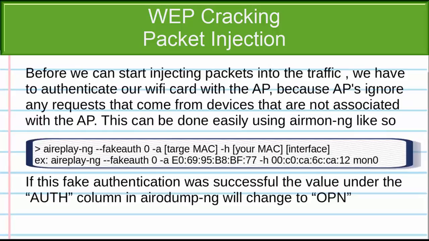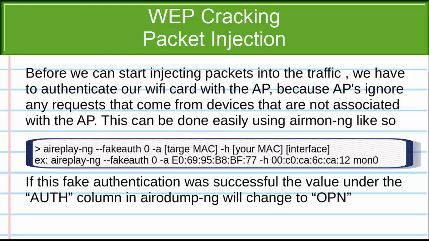But before we can inject packets into the air, we have to authenticate our device with the target access point. The way access points work, they have a list of all the devices that are connected to them, and they ignore any packet that comes from a device that is not connected to them. So if a device that doesn't have the key tries to send a packet to your router, it will just ignore it.